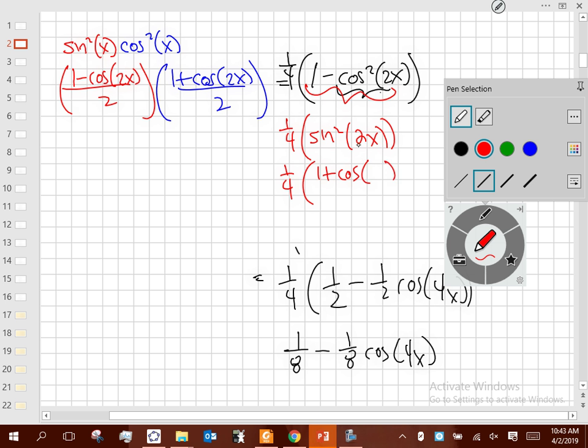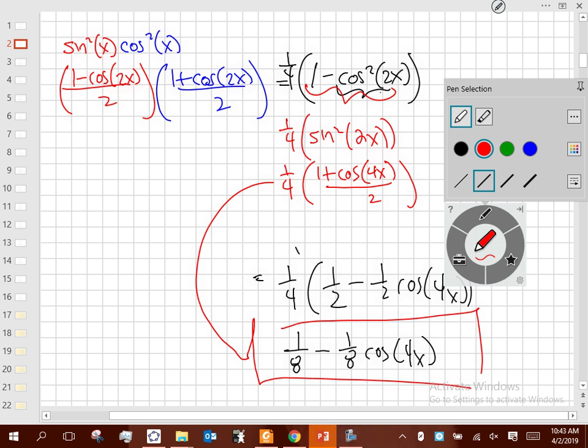We double this 2x, right? So it's 4x here, all over 2. Now if I distribute the 1 to this stuff here, then the numerator would be 1 times 1, which is 1. 1 times cosine, which is cosine 4x. And then I have 4 times 2 on the bottom, which would be 8, right? Does that thing turn directly into that? And it bypasses a little bit of that algebra, right? Okay.